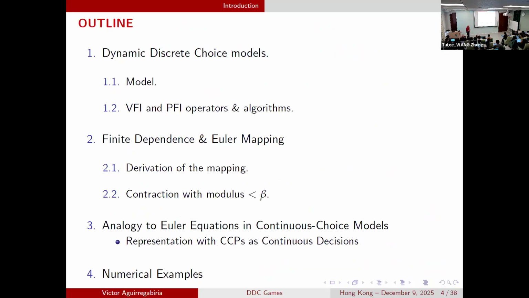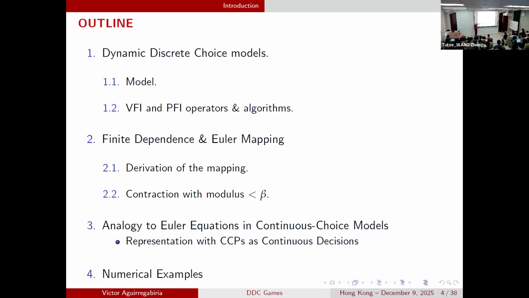Then I will start again presenting the model that you have seen already a few times. I will remind you about the value function iteration and policy function operators in this context, and then I will derive the Euler operator in this type of model. I will present the result that it has a contraction Lipschitz constant or contraction modulus smaller than beta.